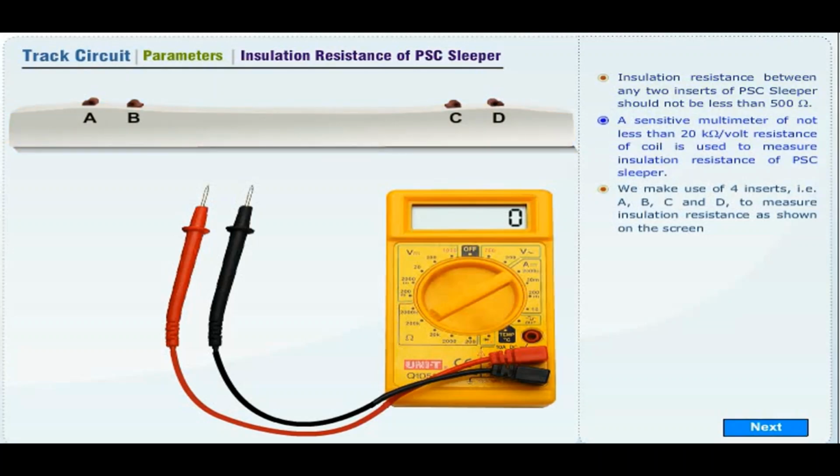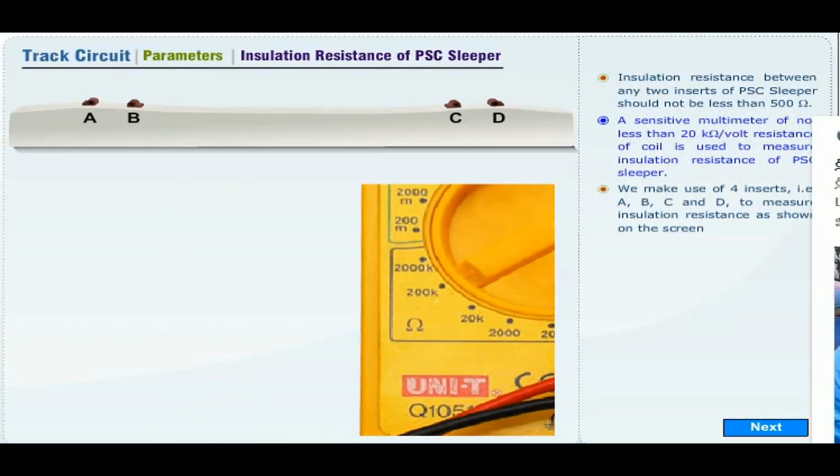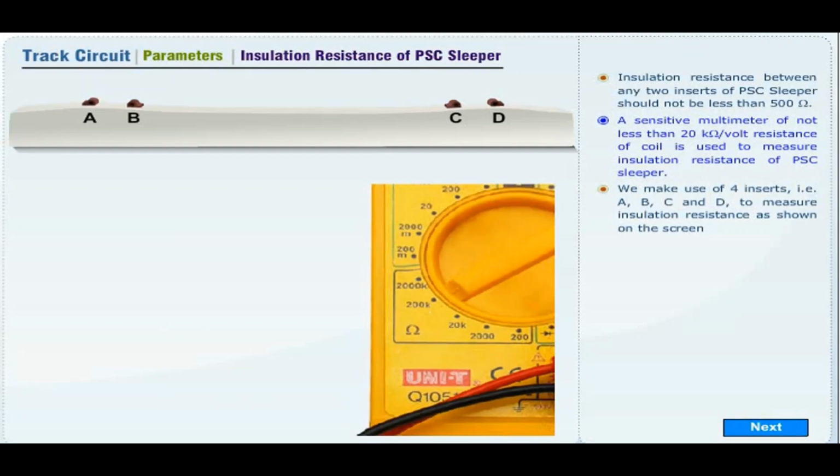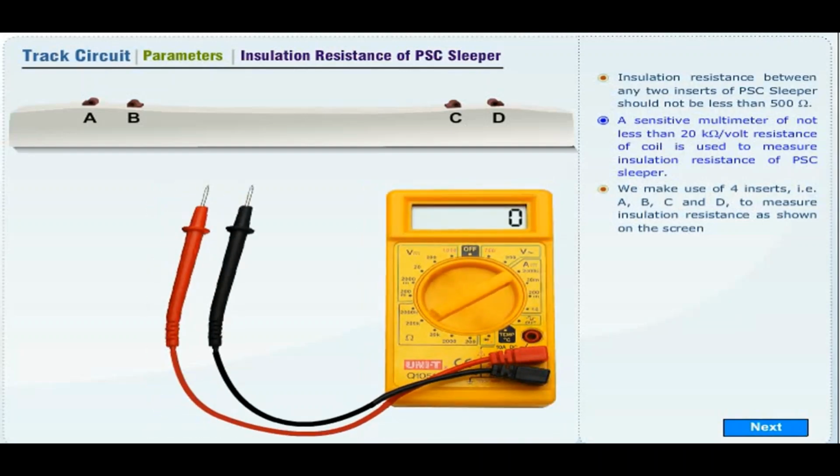A sensitive multimeter of not less than 20 kilo ohms per volt resistance of coil is used to measure insulation resistance of PSC sleeper. We make use of 4 inserts, that is A, B, C and D, to measure insulation resistance as shown on the screen.